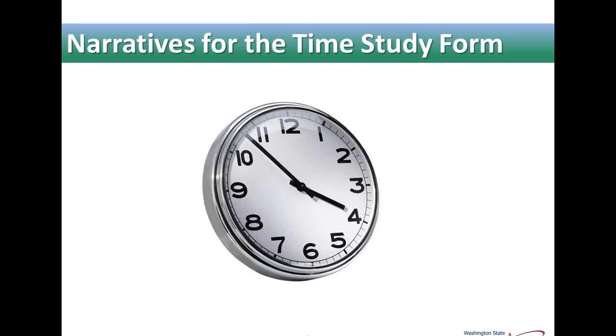This means time study participants must record time for non-reimbursable activities in the appropriate A activity code, as well as time for reimbursable activities in the appropriate B activity code. CMS requires a brief narrative describing how the activity is Medicaid related for all B activities. A narrative description for A activities is optional.